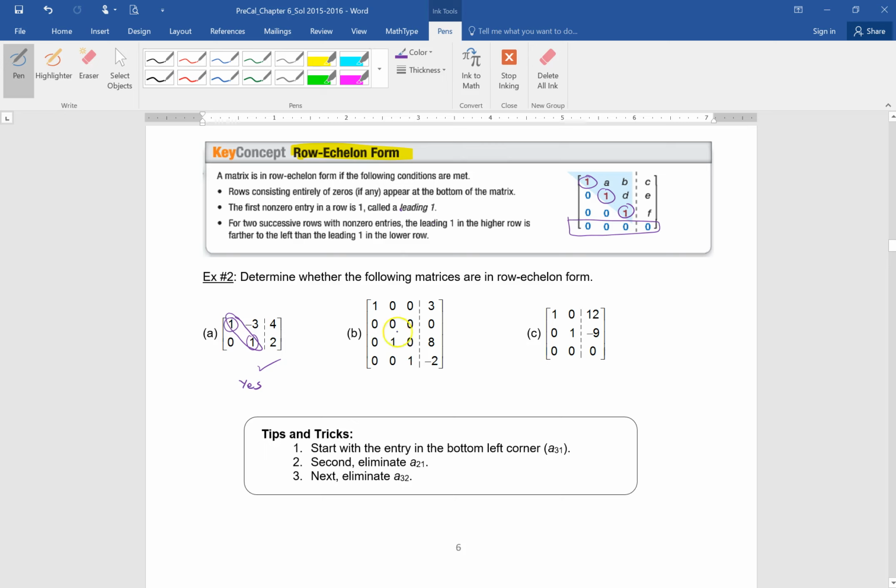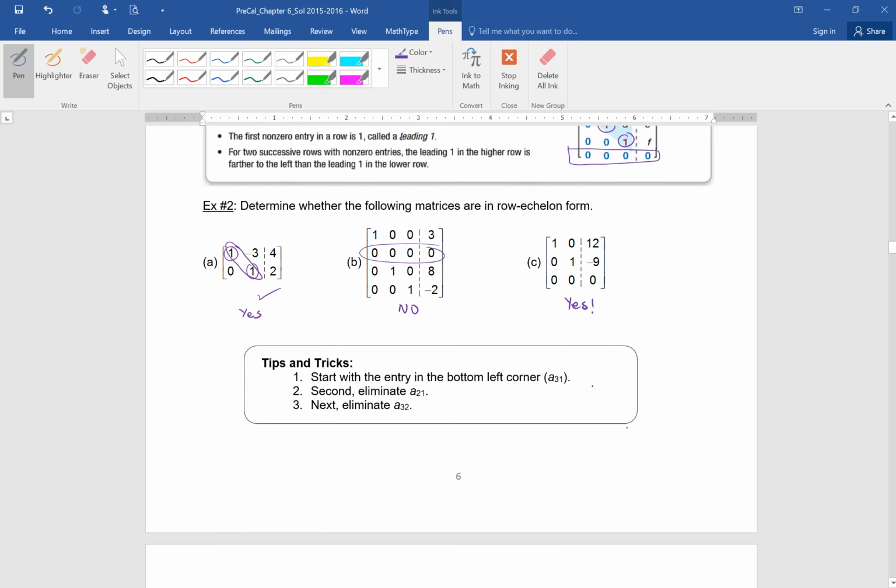Look at this one. Is this in row echelon form? No, because of the row of zeros. What about this one? Yes. All right, tips and tricks. I actually told you already: start with the one in the bottom left corner, then the one right above, and then the one right next to it.